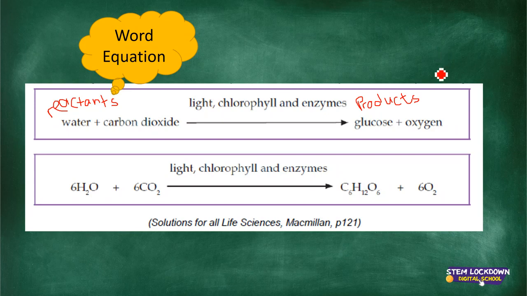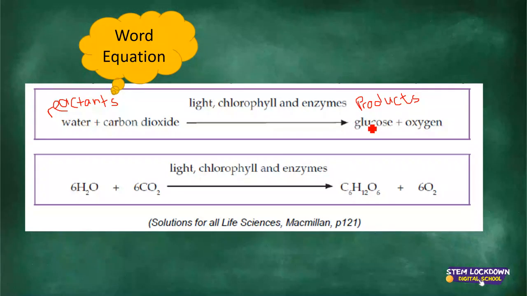Okay, guys, are we still following? Are we still together? Let me just check if we have any questions or answers. Okay, no questions. I believe we're still together. So these are our reactants, and this side of the arrow is our products.